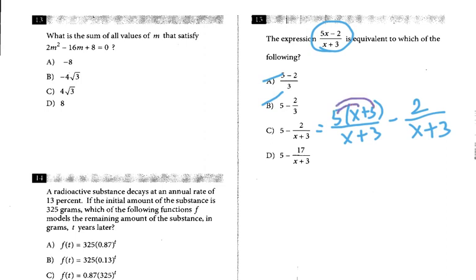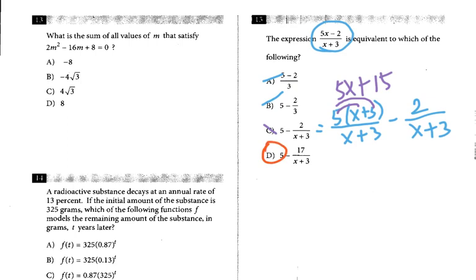Then we do the distributive property, get the 5x plus 15. So 15 minus 2 is 13. It's not 5x minus 2, so that's why C is wrong. Then D must be the answer.